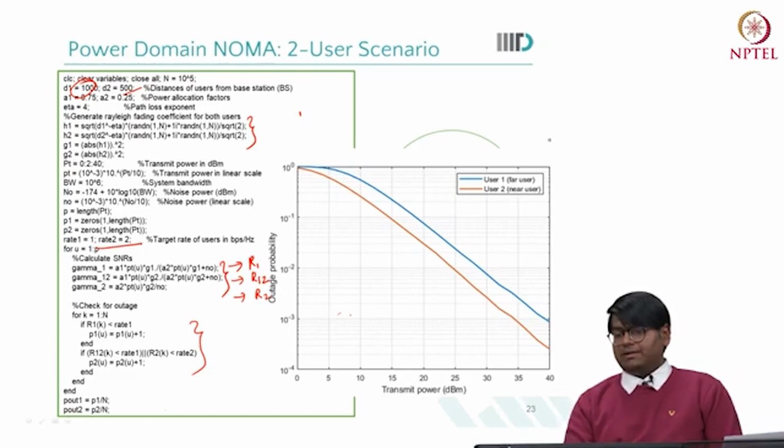So we see here that the outage performance of user 2 is better as compared to user 1. Similarly, the learners can also plot the BER curves for the two user scenario.